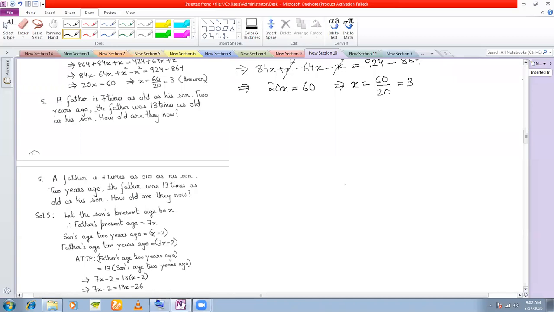Time and speed problems are not too important. But definitely number problems, age problems, and two-digit and three-digit number problems are important.